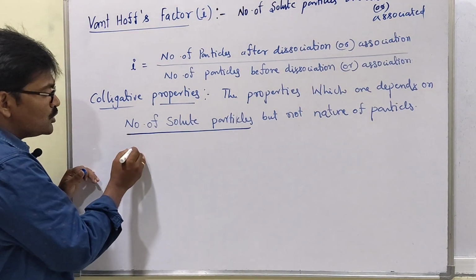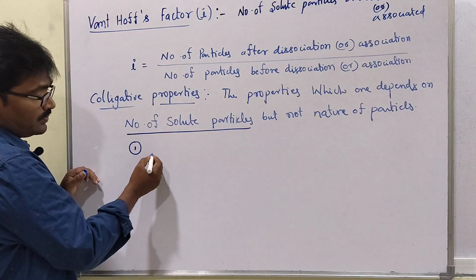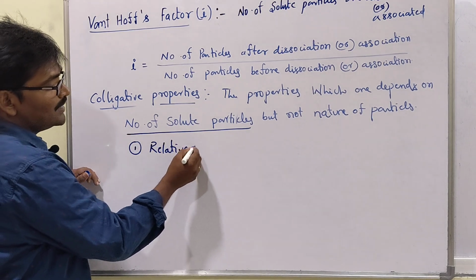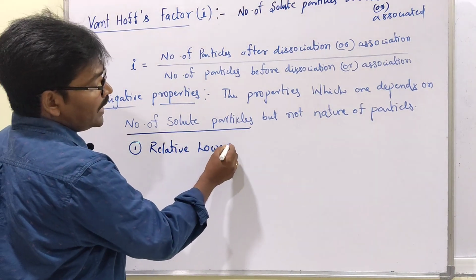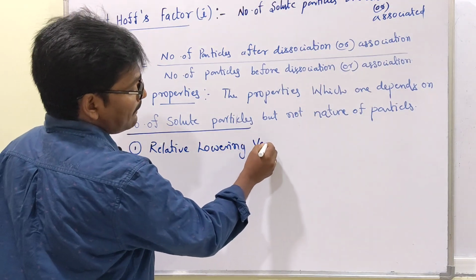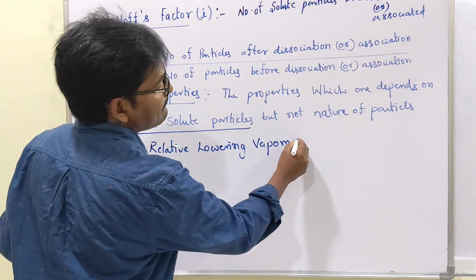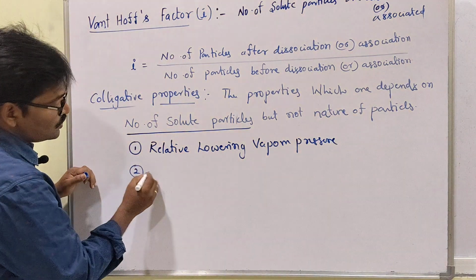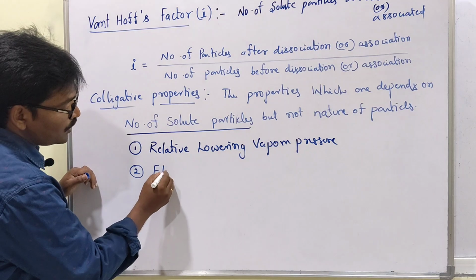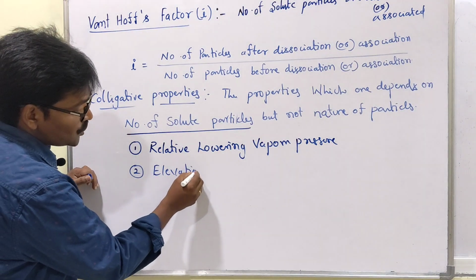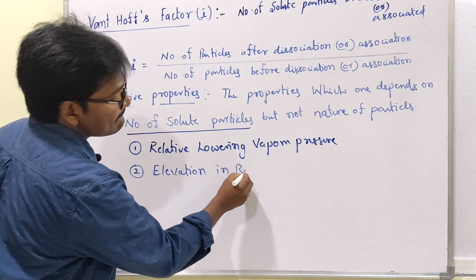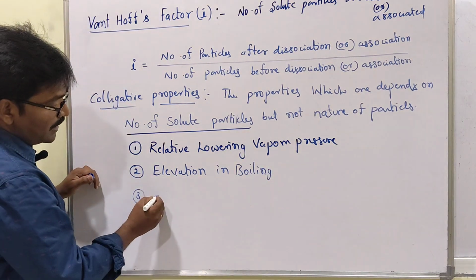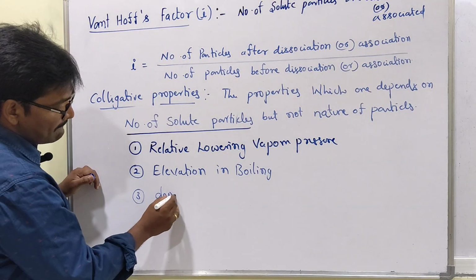Which are the colligative properties? Number 1, relative lowering of vapor pressure. Number 2, elevation in the boiling point. Number 3, depression in the freezing point.